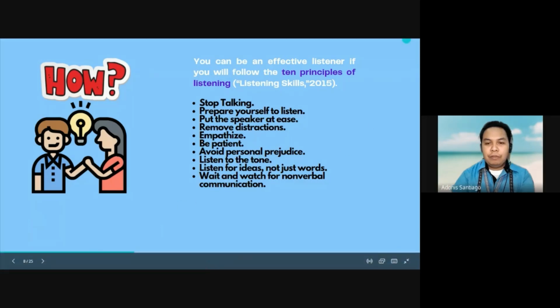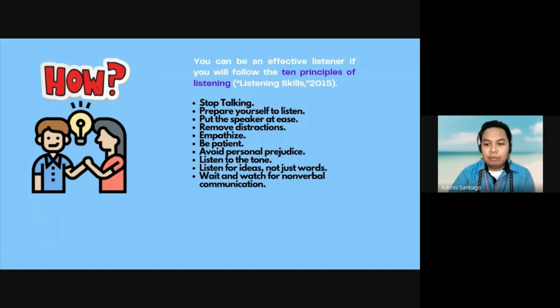There will be times that before we listen to someone, we already judged them, right? If we already judge them, we tend not to believe what they say. And when we tend not to believe what they say, we tend not to listen because we already judged them, right? So when we are listening to somebody, let us avoid personal judgments.